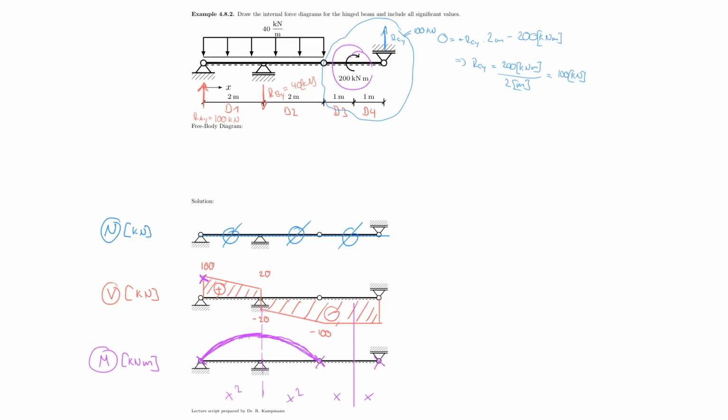And again, that's linear, so I'm going to try to use a ruler. And now I need to be very careful because yes, it goes down to that point, and yes, I have to end up at 0 here at x equals 6 meters. But something has to happen in between because you can argue this two ways. Number one, you have this concentrated moment there.